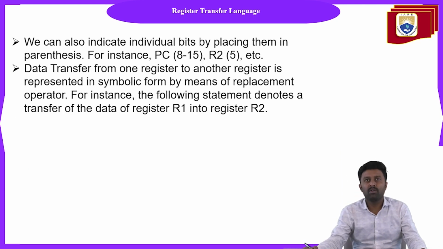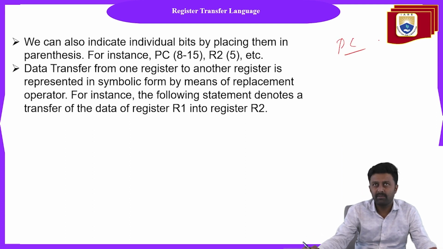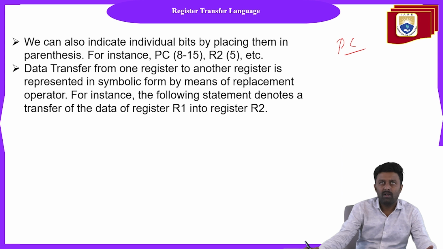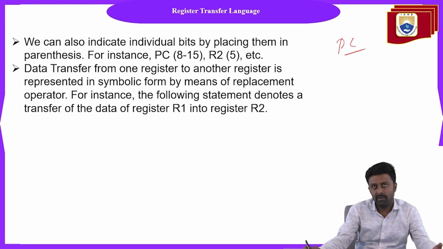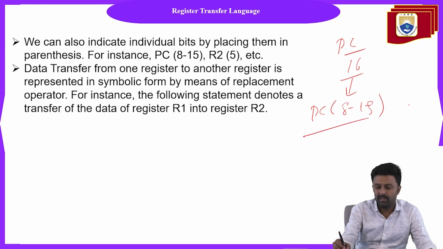Apart from denoting PC like this, we can also represent the individual bits. PC is of 16 bits, so we can split the 16 bits into 8 bits and 8 bits, and we can say PC 8 to 15.